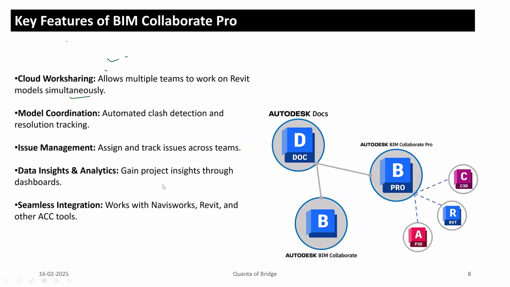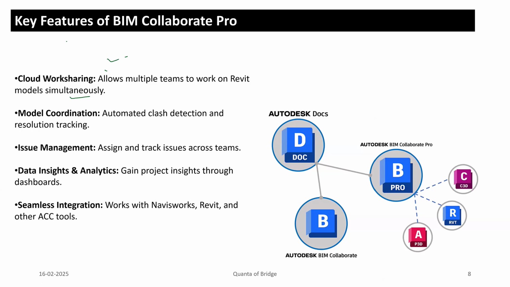Okay, so what are the key features? The key features are cloud work sharing. It allows multiple teams to work on Revit models simultaneously. So on a cloud, I hope you are aware of collaborative work sharing.